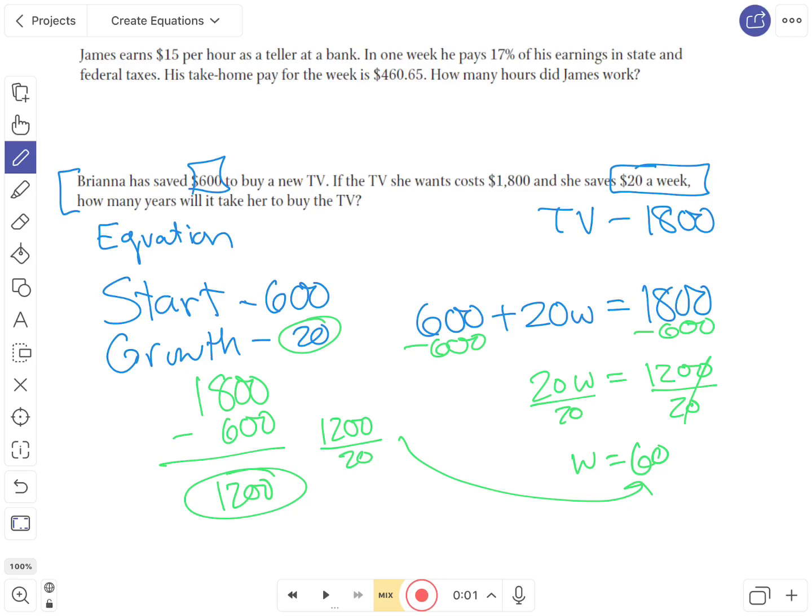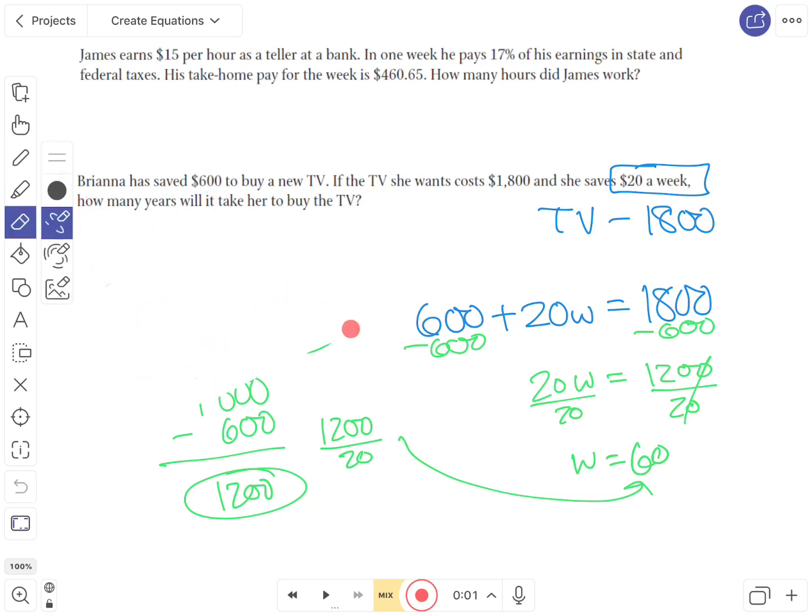So, what do we think? Not too bad? Okay. Let's just do one more example for this last one for you guys. Let me clear some space here.